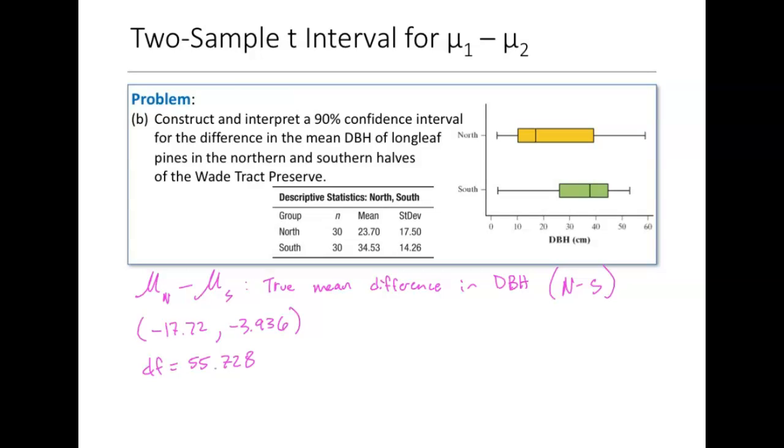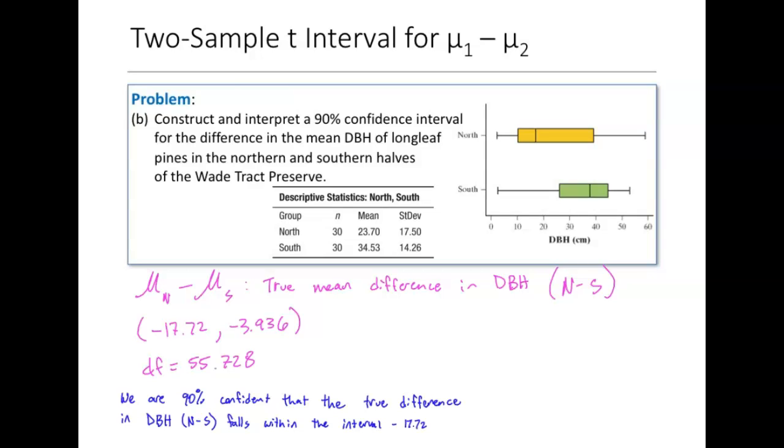The script is the same as it always has been for a confidence interval, right? So you say, we are, in this case, 90% confident that, and then you state your parameter, which is the true difference in DBH, and I'll do north minus south, falls within the interval negative 17.72.